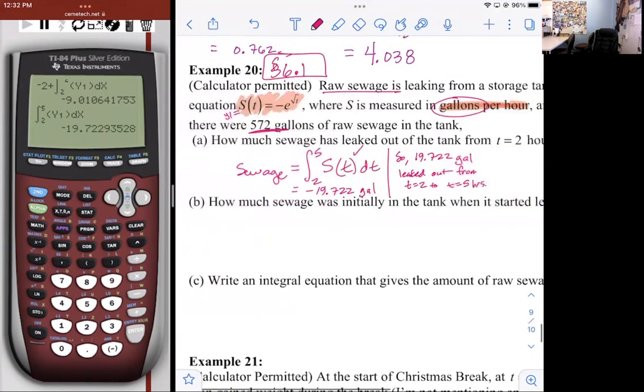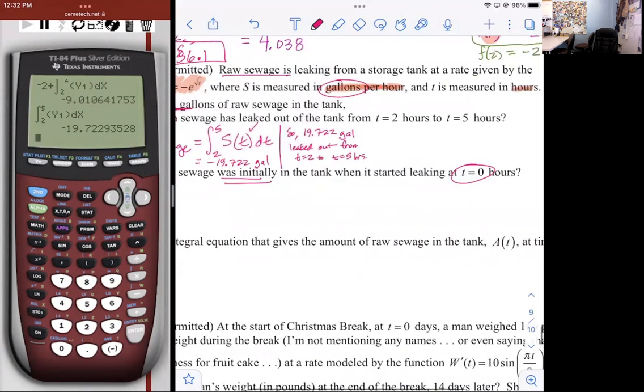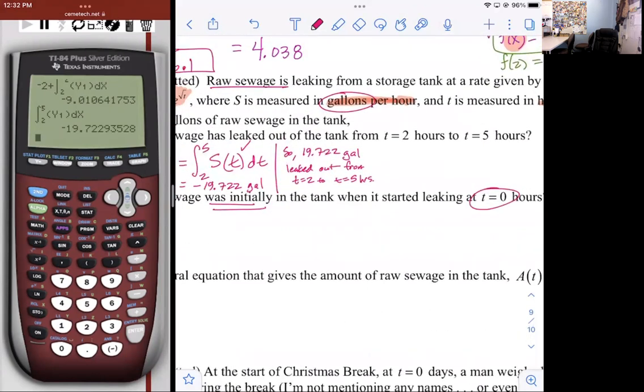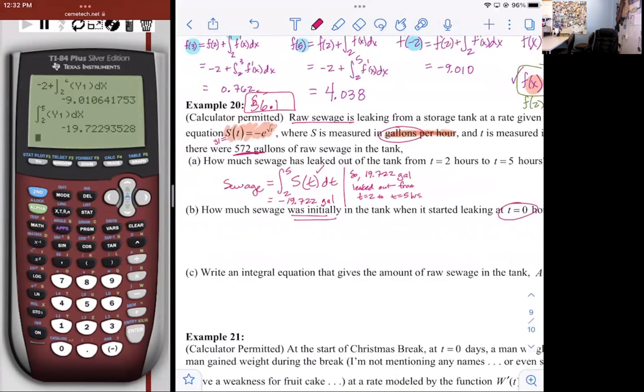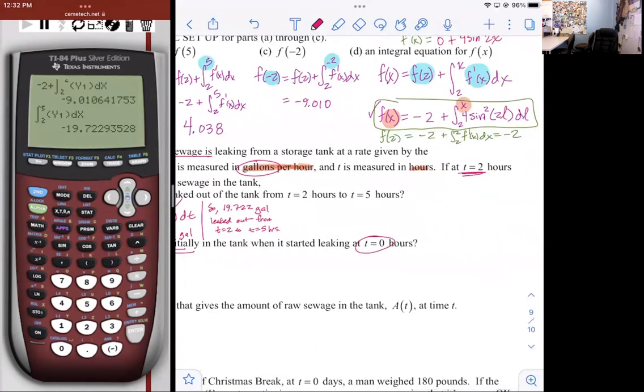All right. Part B, how much sewage was initially in the tank when it started leaking at t equals 0 hours? Oh, crap. Someone should have probably known how much was in the tank, but we don't know. Someone finally went in there and measured how much was in there 2 hours after it started leaking.